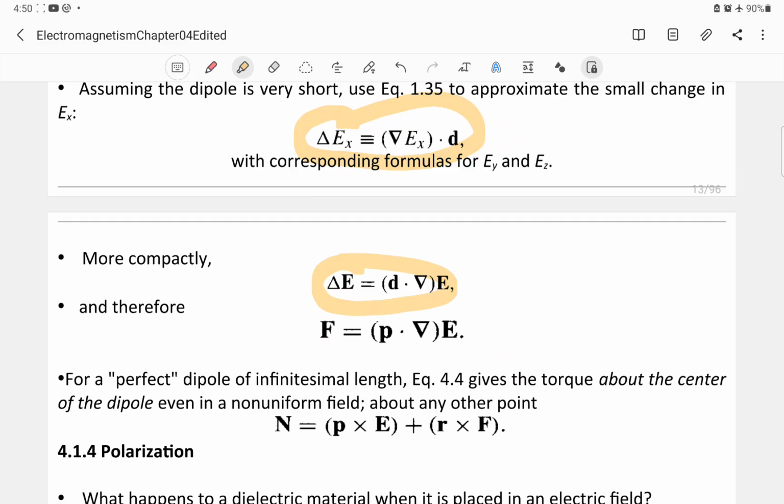So the force would be this, where your P is again Q times the distance between the charges. So all in all, for a perfect dipole of infinitesimal length, the torque about the center would be given by this one here.